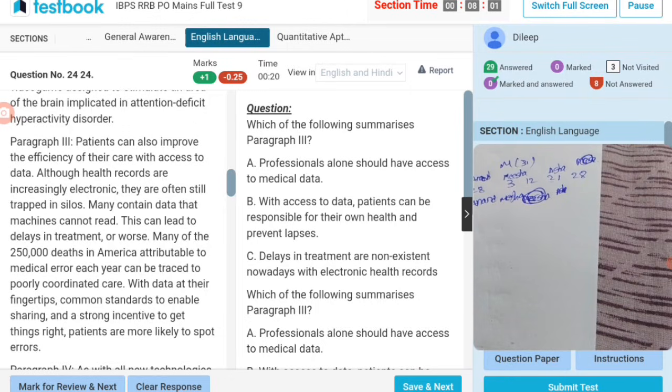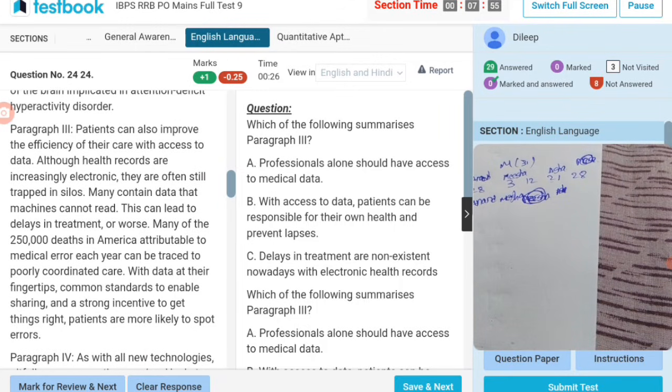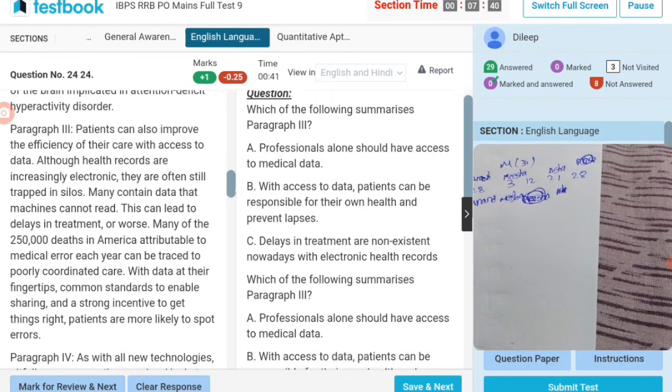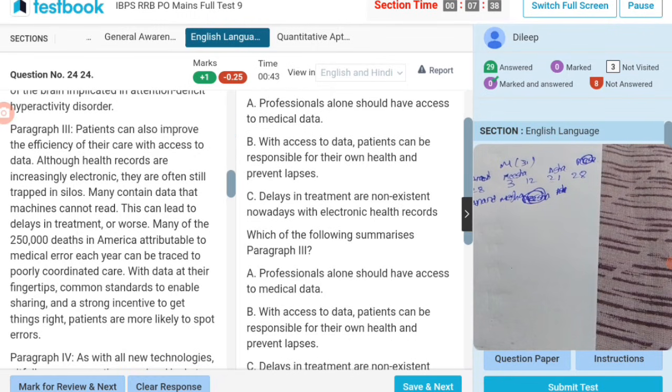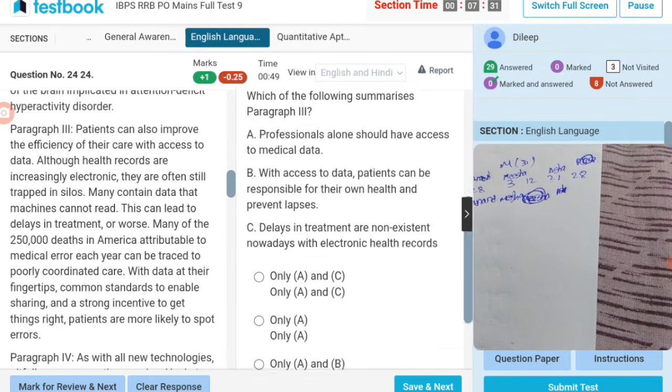Many contain data that machines cannot read. Faulty errors. So 2 and 3, I think.